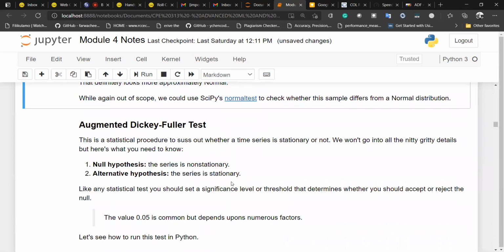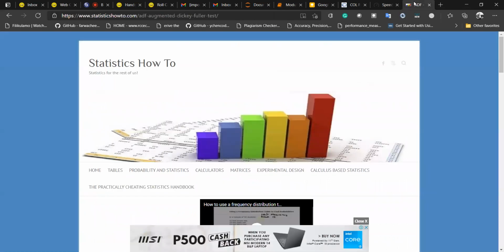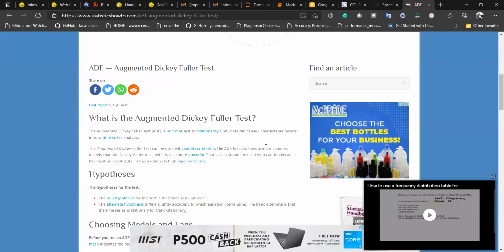Saan ginagamit again yan? So it is used for the unit root test for stationarity. So this can be used with serial correlation.